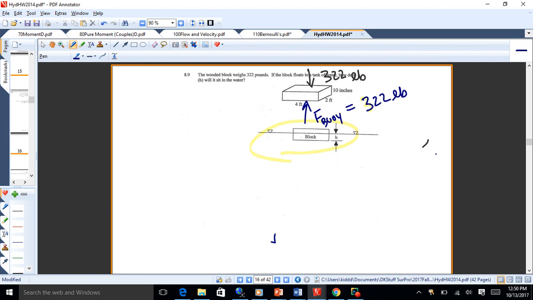There are different ways to figure this out, but that's the basics of it. The downward weight has to be balanced by the force of buoyancy up. If they equal each other, then it just stays put. It doesn't go anywhere. It's just sitting there, which is what floating is, essentially. Okay?